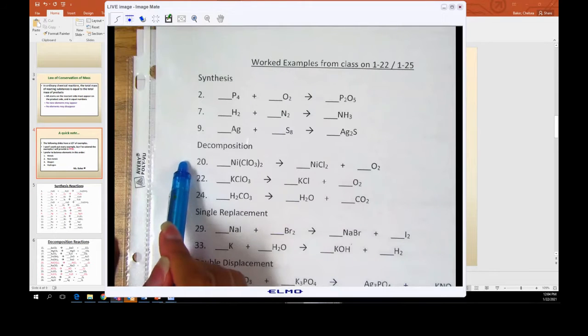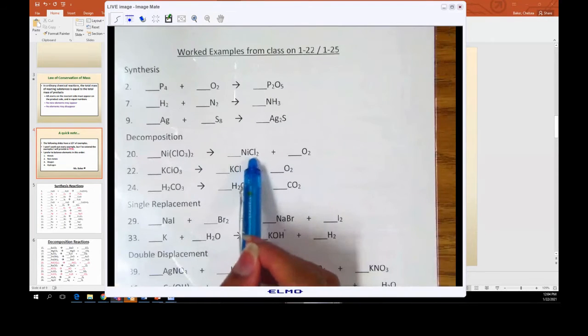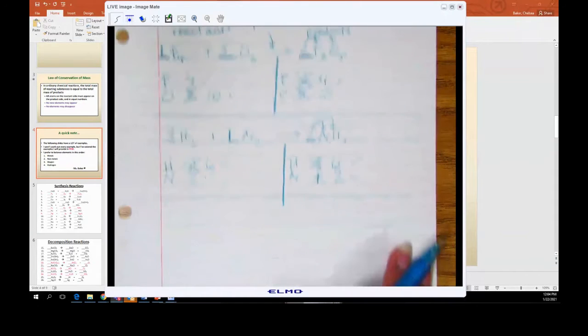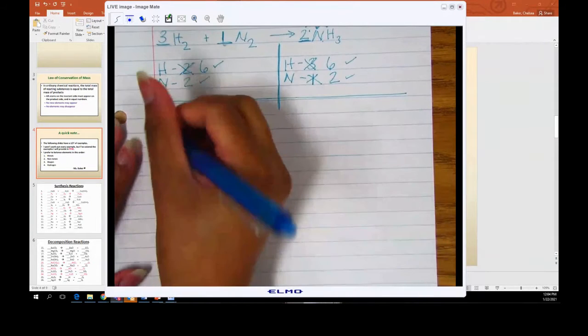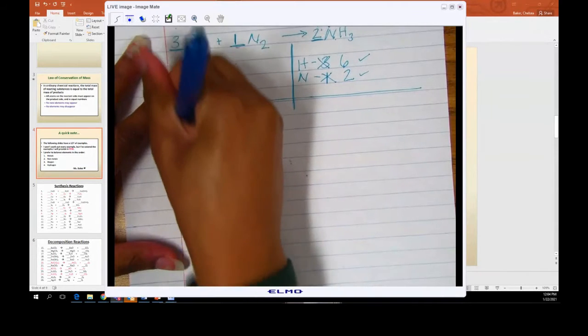The next one I'm going to do is number 20 here. So this one with nickel, chlorine. So this is Cl, right? That's not a capital I. That's a capital C lowercase l. So this is chlorine. And then same thing over here, that's chlorine. So let me leave my spaces for my coefficients.